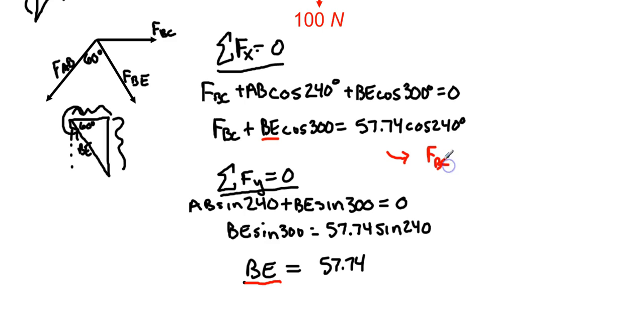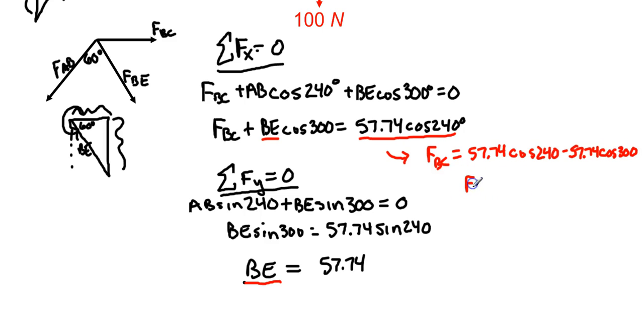Force of BC is going to be equal to this guy here minus 57.74, that's BE, times the cosine of 300.